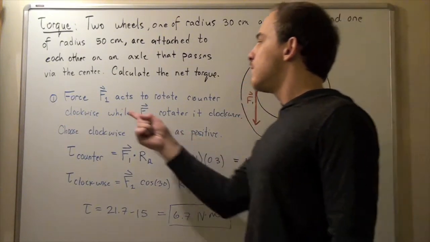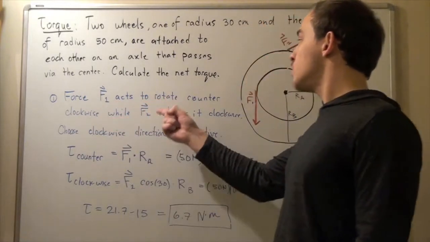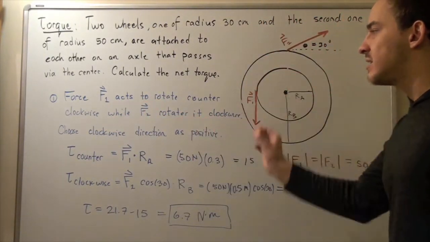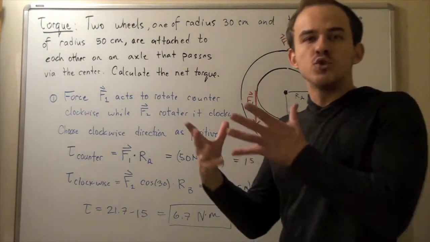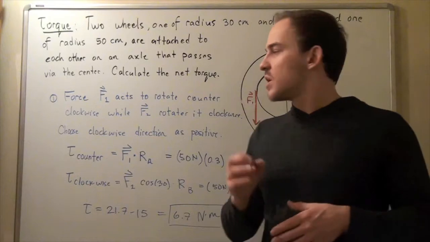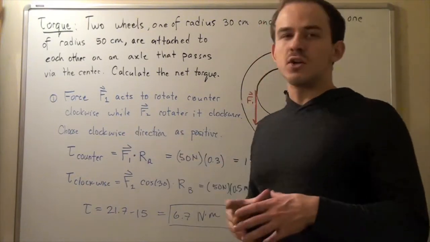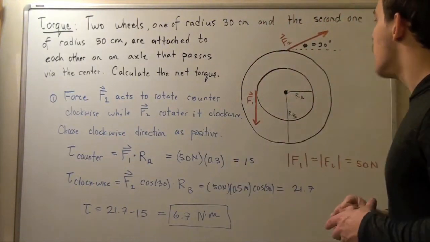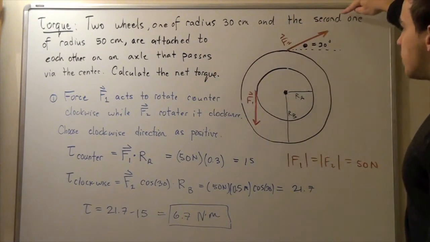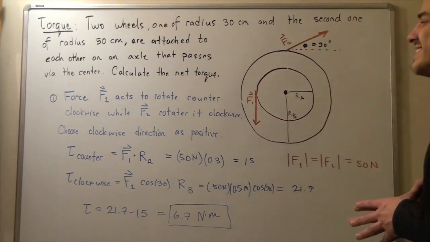So once again, force 1 acts to rotate counterclockwise, while force 2 acts to rotate clockwise. Now let's choose one direction to be positive and one direction to be negative. Let's choose the clockwise direction to be positive, clockwise meaning in this direction. So this force is positive while this force is negative.